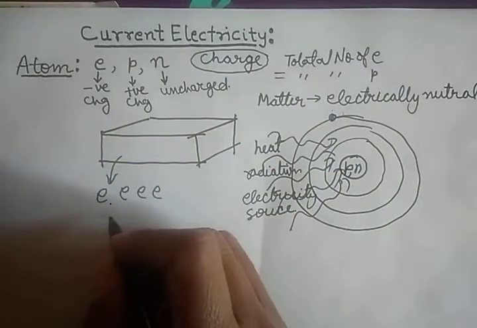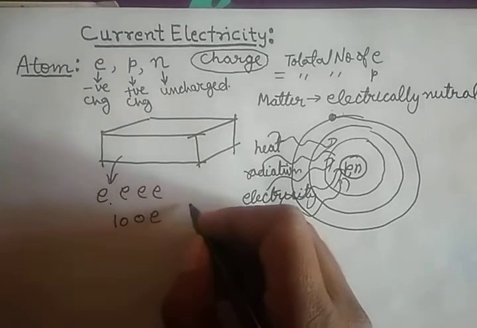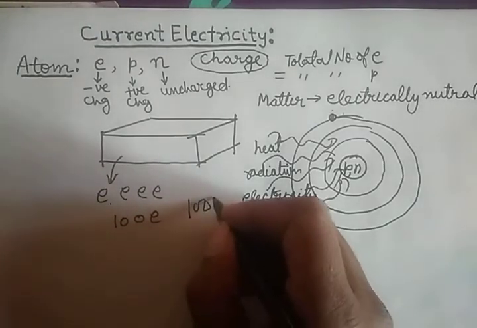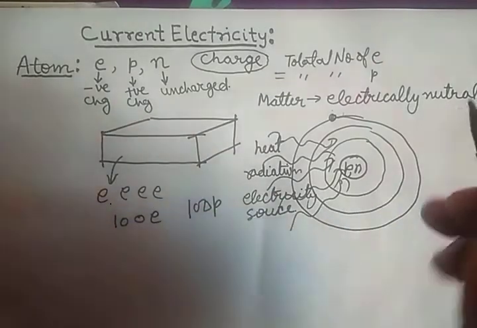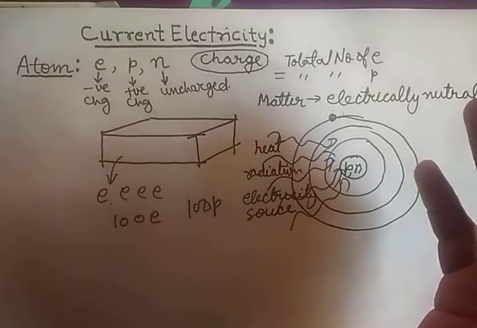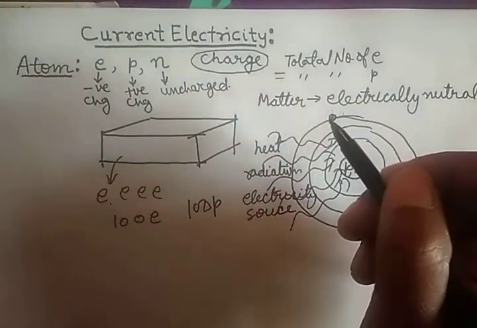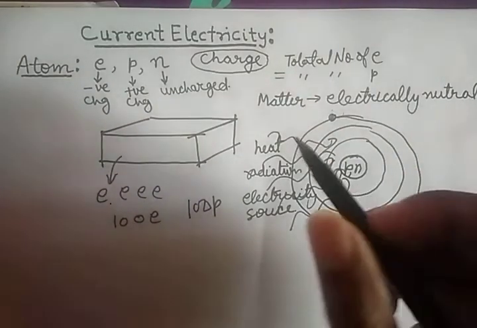Let us suppose it had 100 electrons, so it also has 100 protons. Remember, protons do not move here and there. They are rigidly held there. Only electrons, and that too the outer electrons, can move.